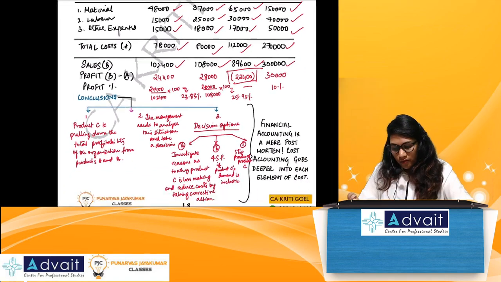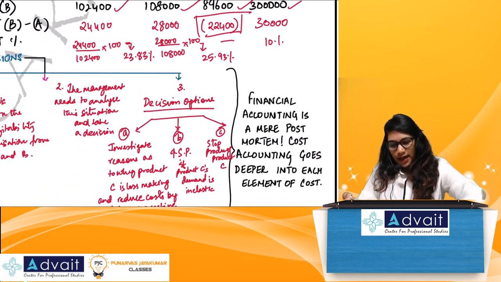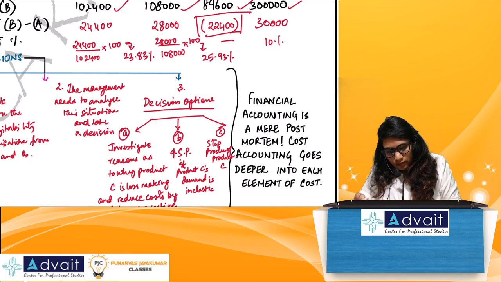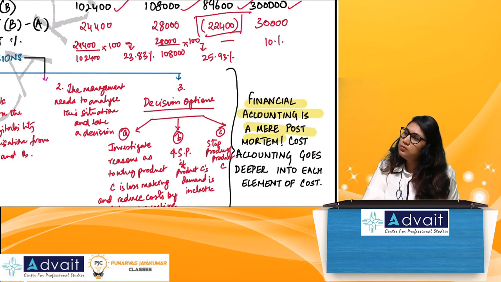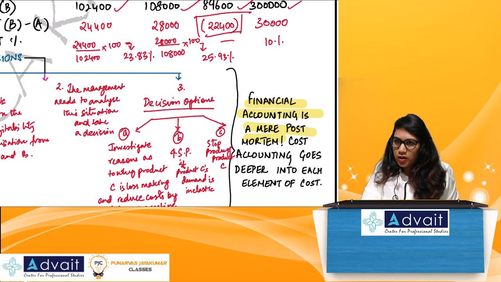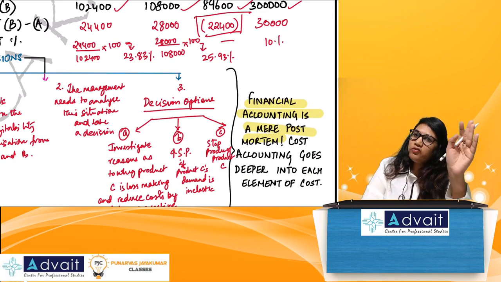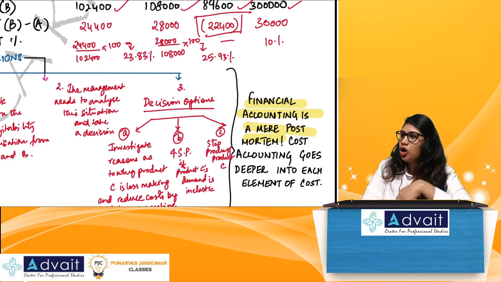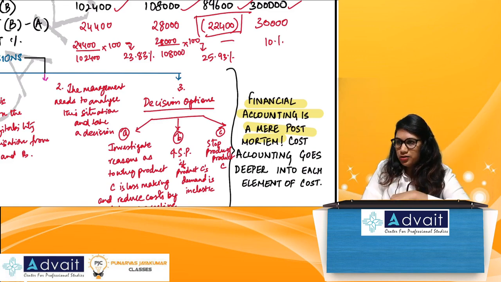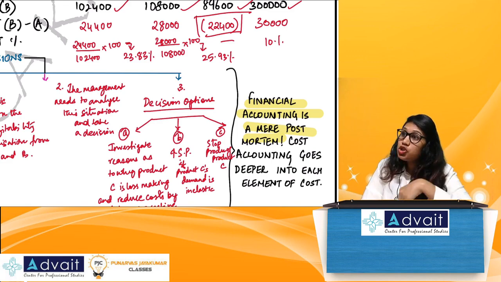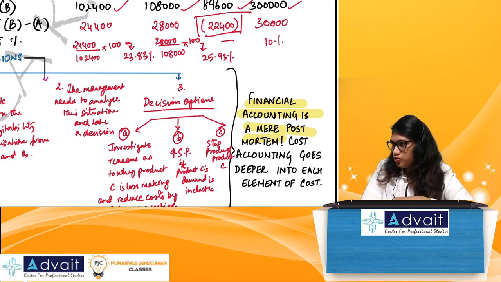So we say that financial accounting is a mere post-mortem. Costs are incurred throughout the year. At the end of the year, you will pick all those costs, put them in your P&L account, show your balance sheet. Do you ever analyze those costs? No. To analyze those costs, cost accounting comes into the picture.